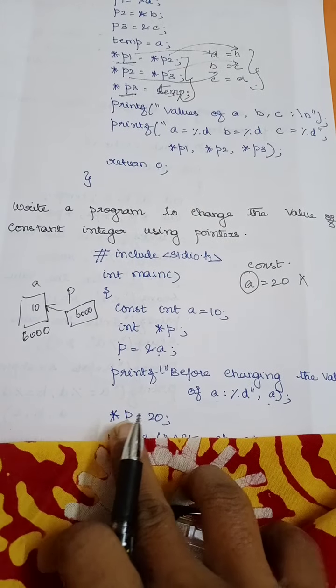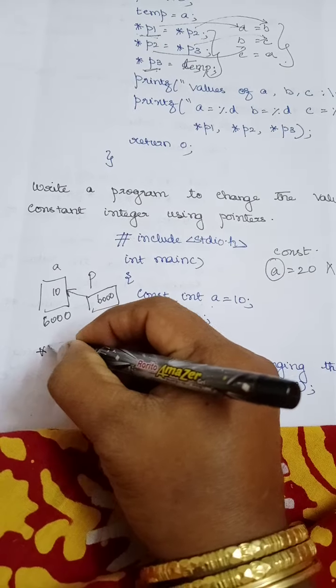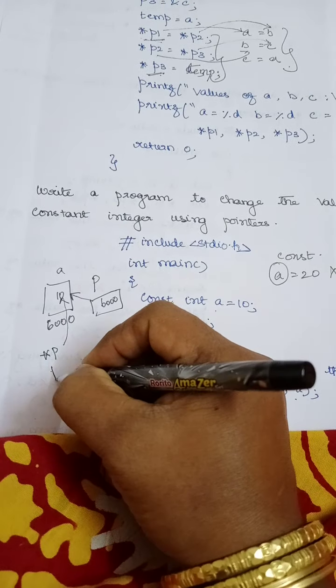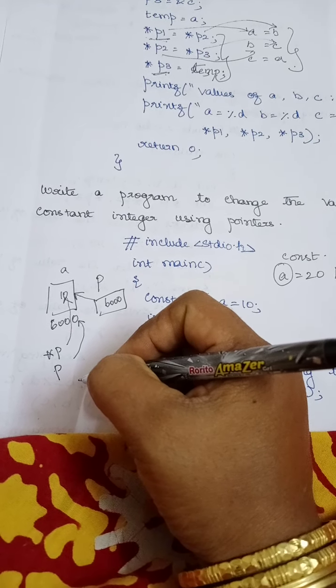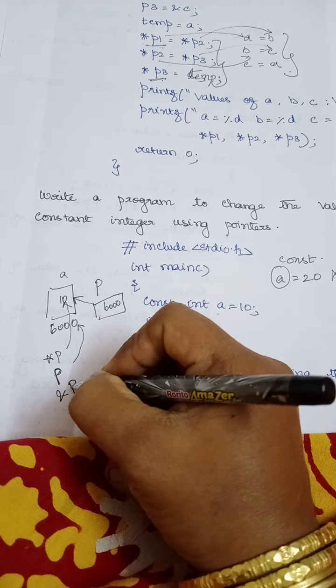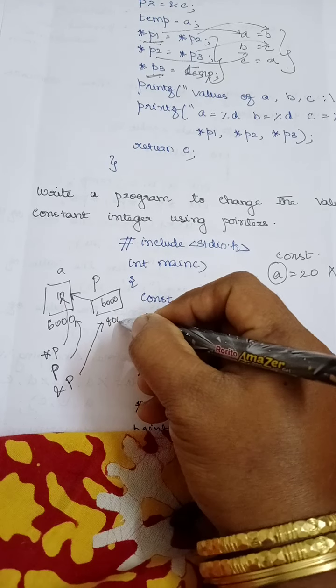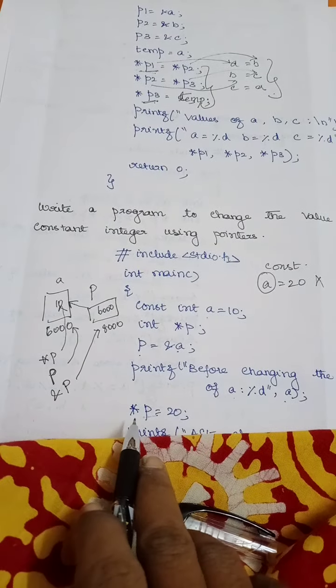So now star p. Star p means it refers to the value. If I write just p, it refers to the address. Right? If I write ampersand p, then it refers to the address where this pointer is being stored.